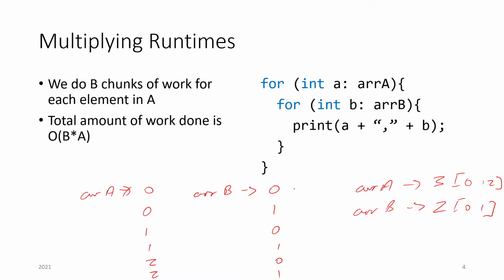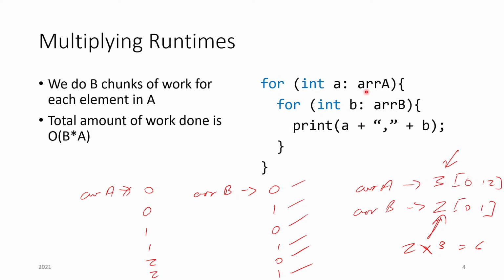And we see here, this is 1, 2, 3, 4, 5, 6 steps. Which is basically, if we took these two values here and multiplied the two of them together.